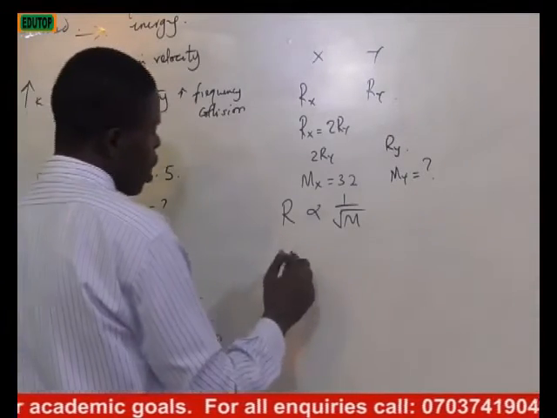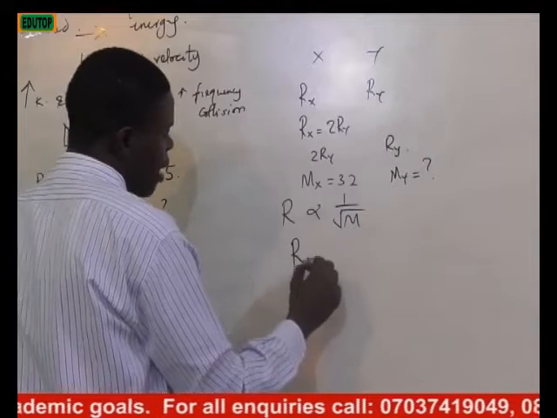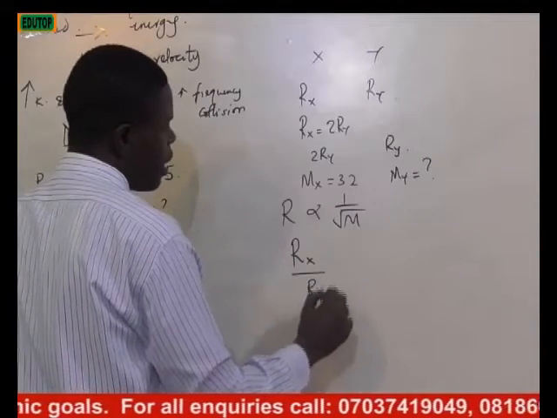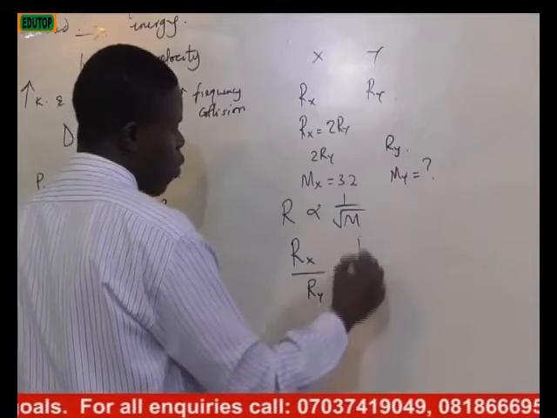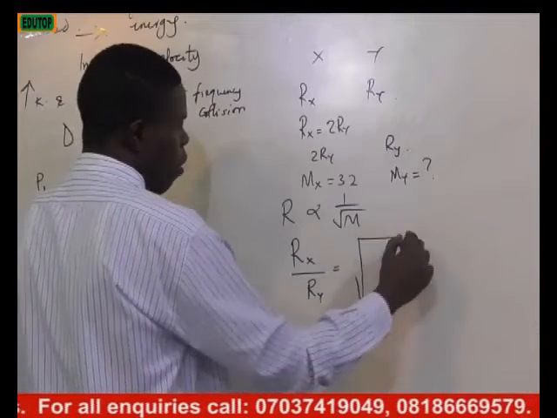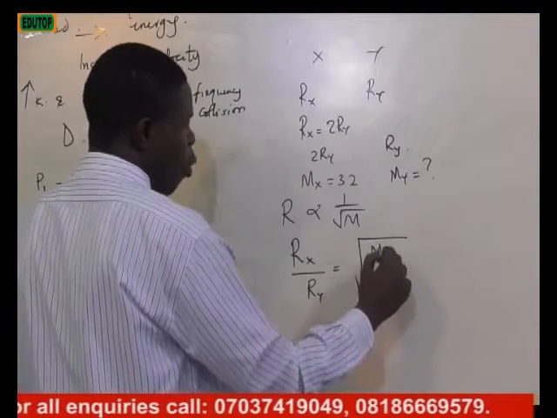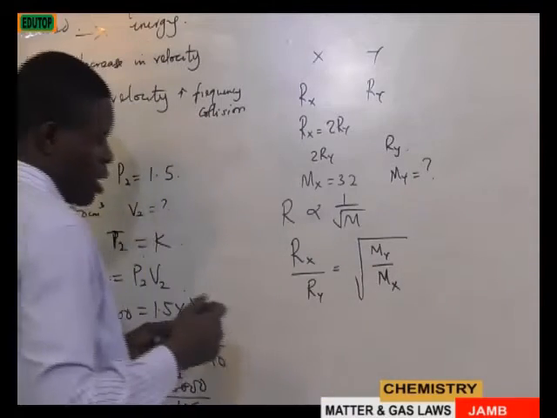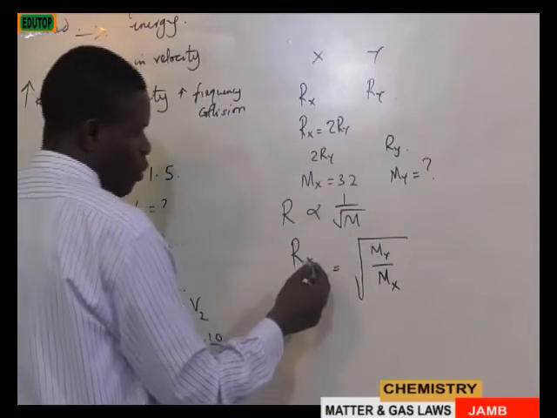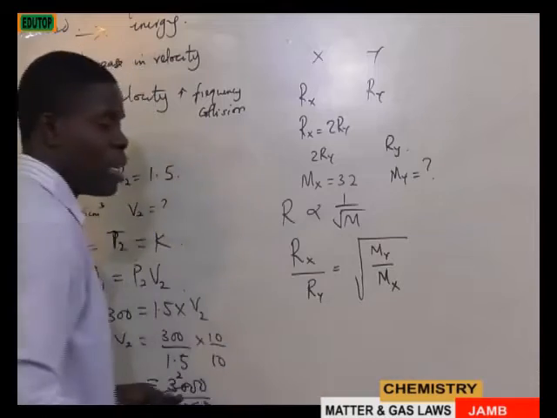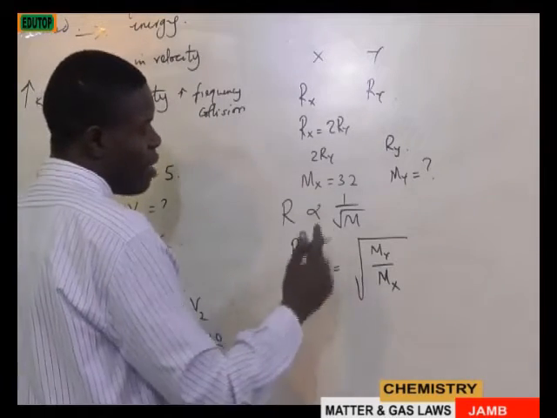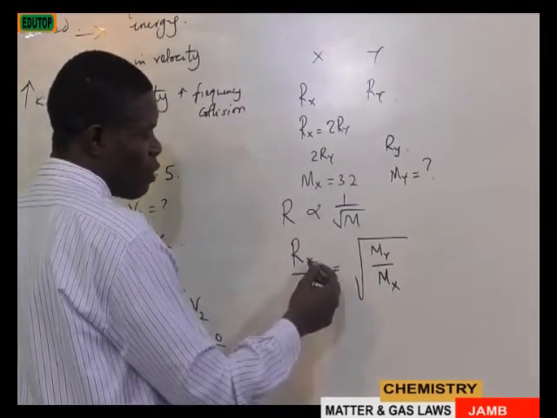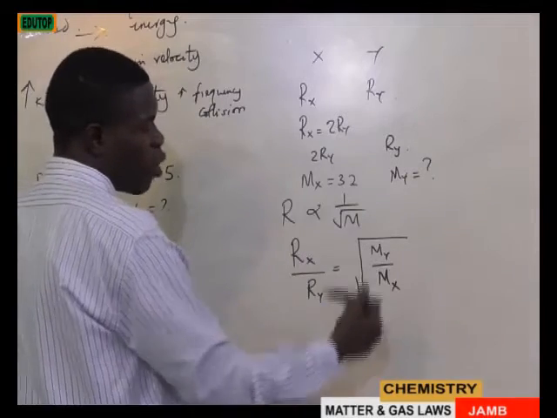Then Rx over Ry will definitely be the square root of My over Mx, simply because they are inversely related. That's why when Rx of this one is up, Mx of this one will be down. If they were directly related, when Rx is up, Mx would also be up.